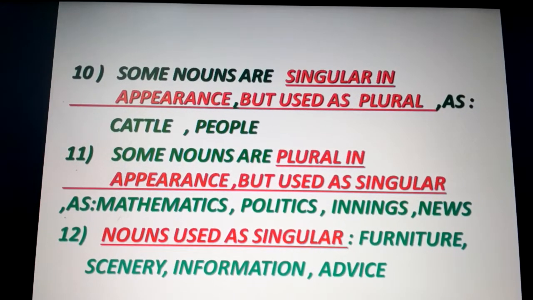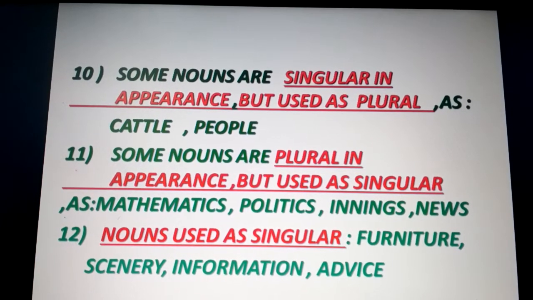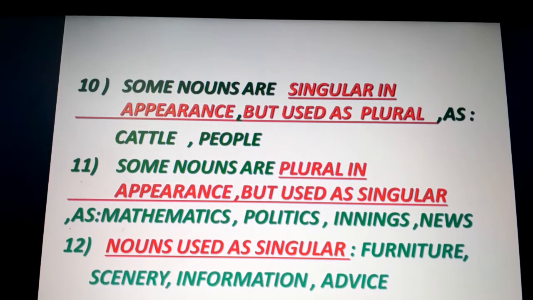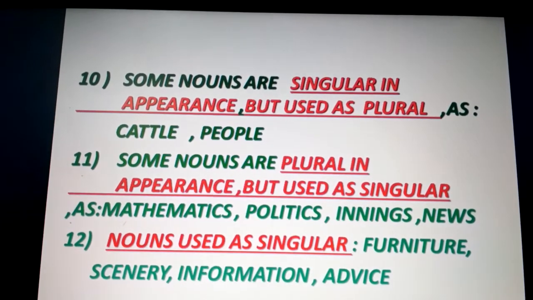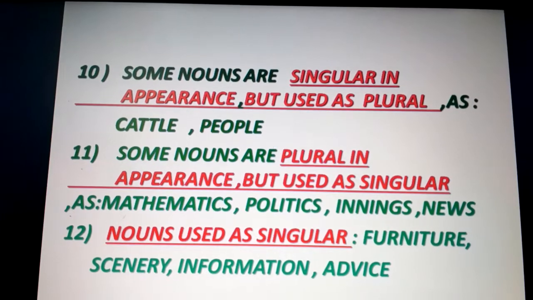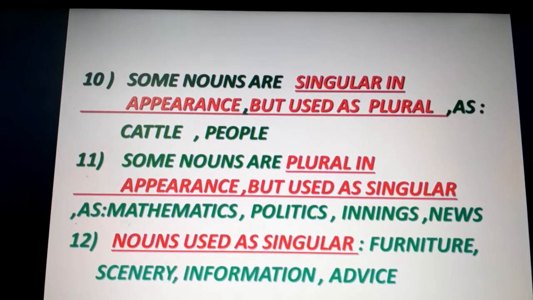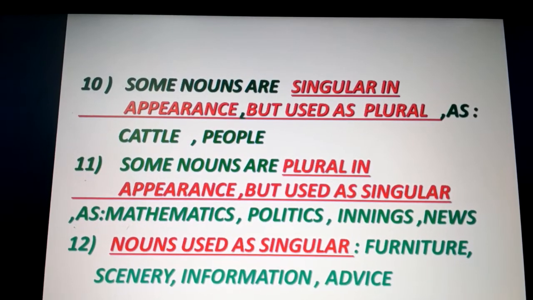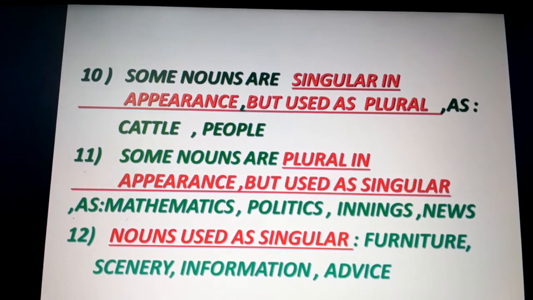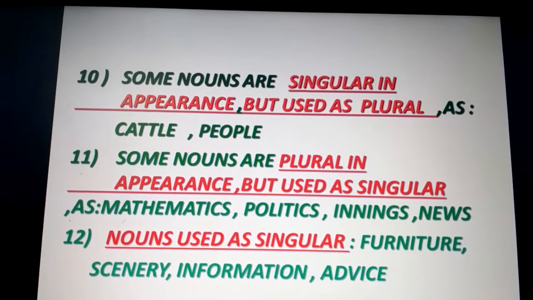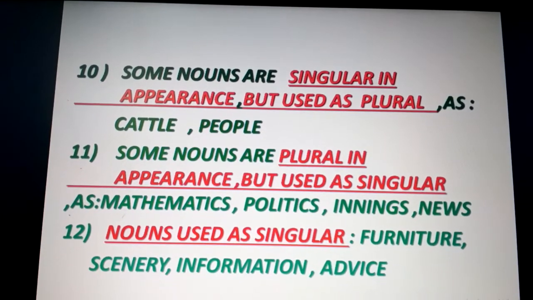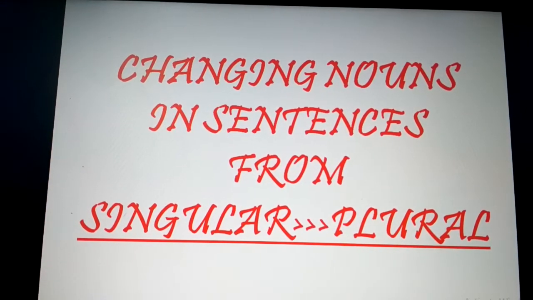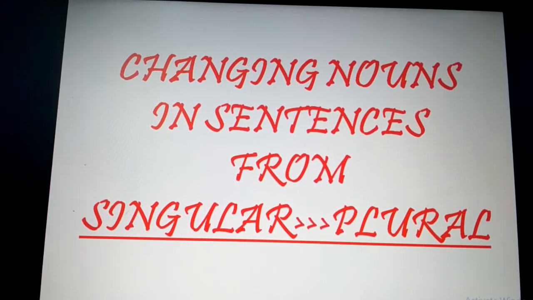That means that their spelling includes the letter s at the end of the word, but they are taken as a singular whole, like mathematics, politics, innings, news. Some nouns are always used as singular, as furniture, scenery, information.